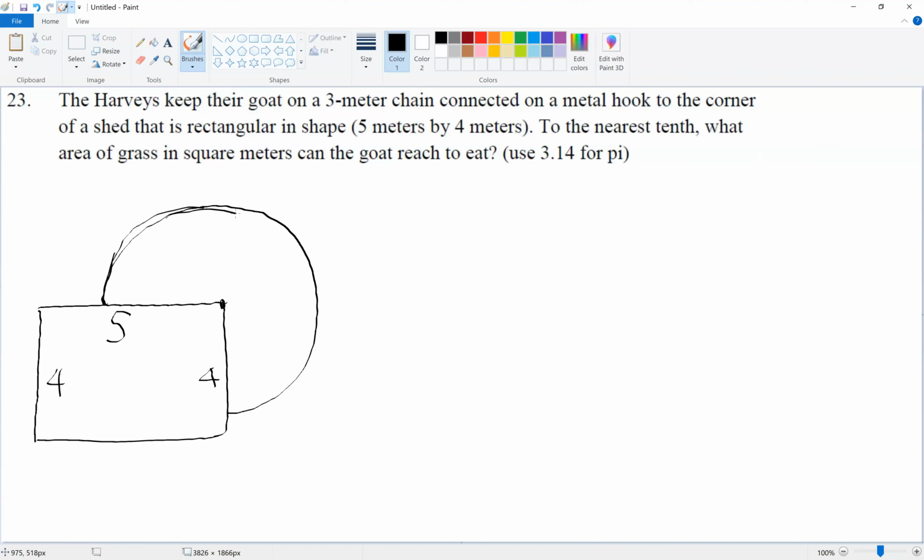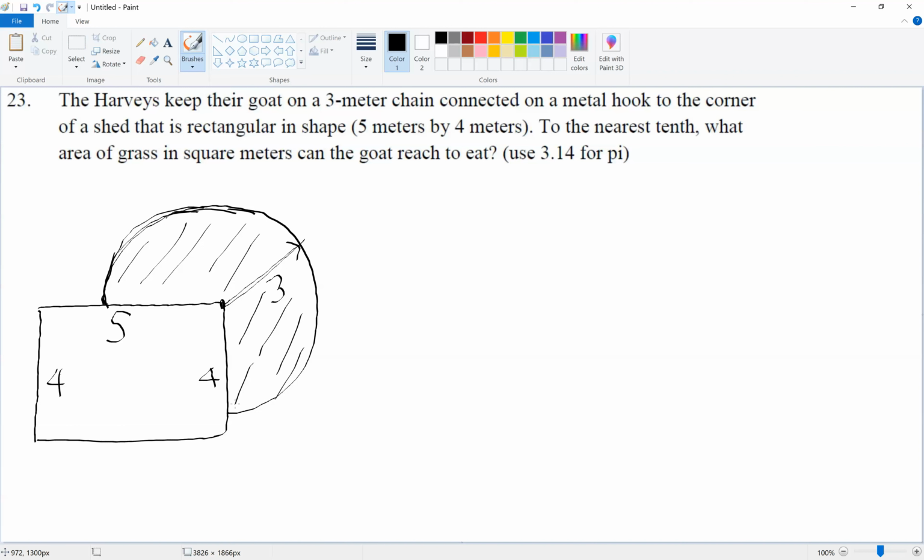So this will be the shape that the goat can go, right? Yeah. And this is 3. Okay, how do I find this area? So the radius is 3 meters and the diameter is 6 meters.